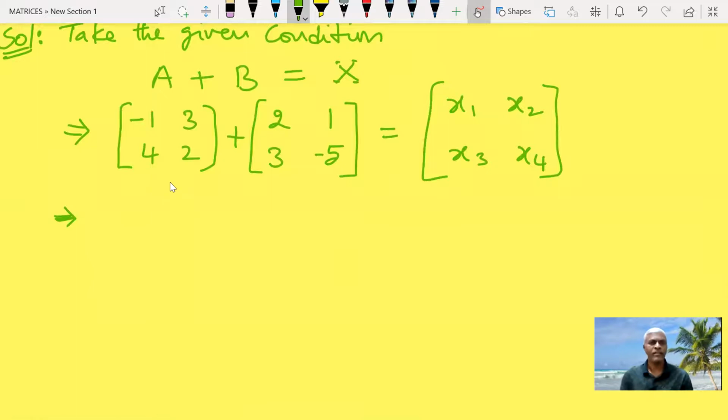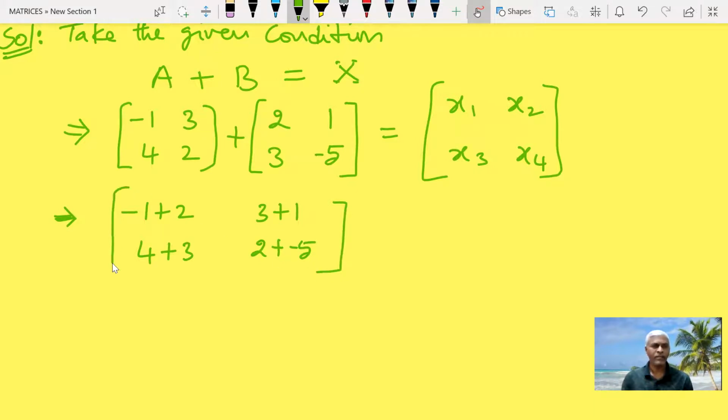Now left side, A plus B, addition of two matrices. We already explained just now, addition of two matrices is nothing but the addition of corresponding elements. So minus 1 corresponds to 2. So minus 1 plus 2, 3 plus 1, 4 plus 3, 2 plus minus 5.